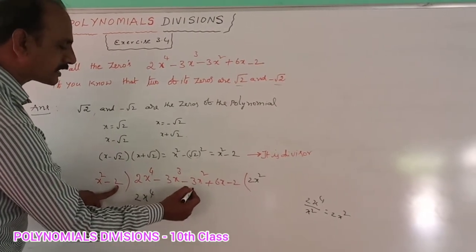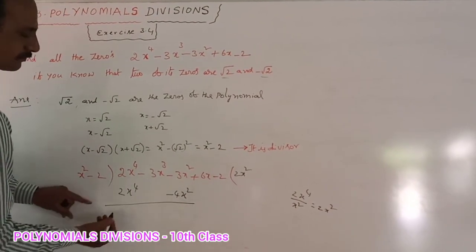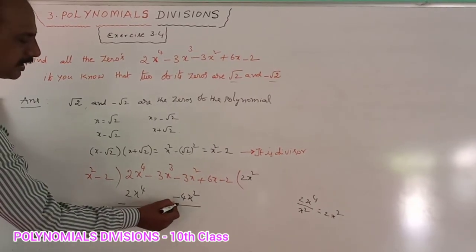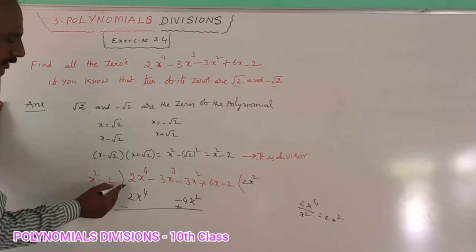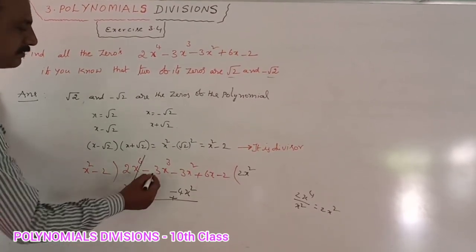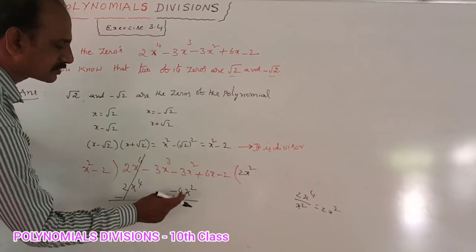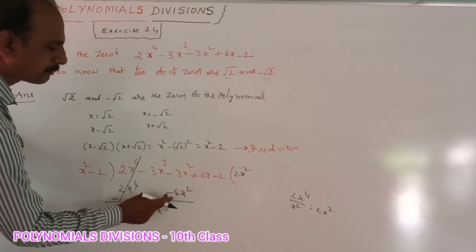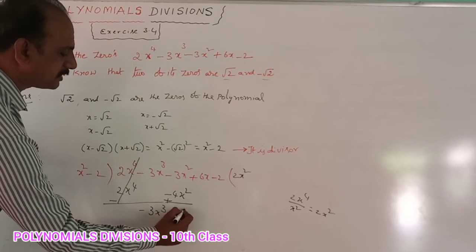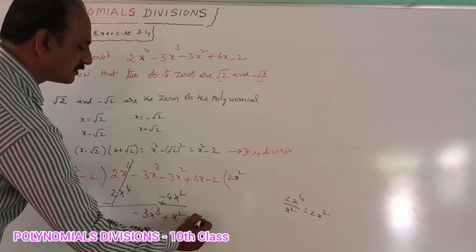So minus 4x square. Then subtraction means the second polynomial's symbols are changed. 2x to the power 4 minus 2x to the power 4 cancel. The remaining value is minus 3x cube, minus 3x square plus 4x square, which is 1x square, that is x square. The next remaining terms come down: plus 6x minus 2.